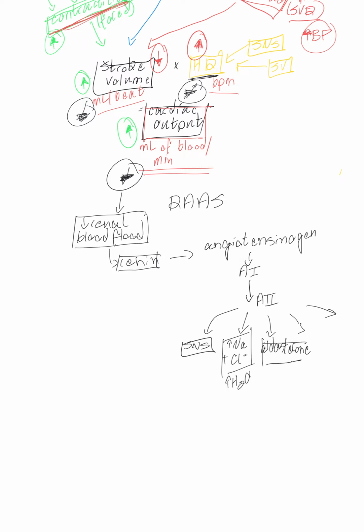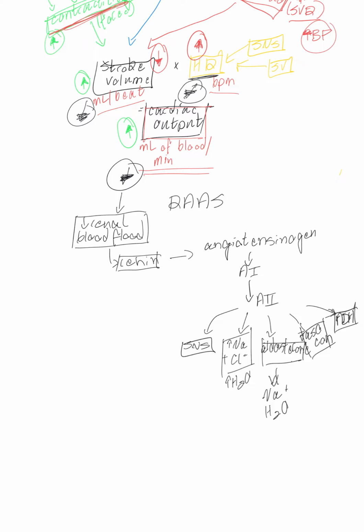Aldosterone makes you hold on to sodium and water. It makes you vasoconstrict. And it makes you secrete ADH from the posterior pituitary, also known as antidiuretic hormone.